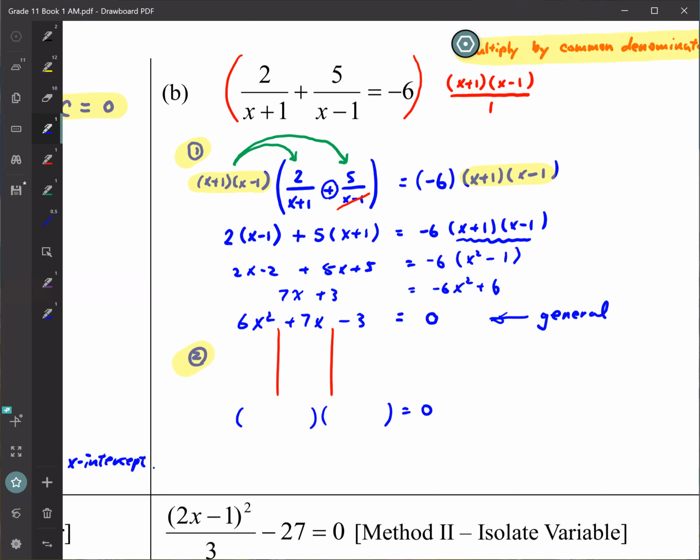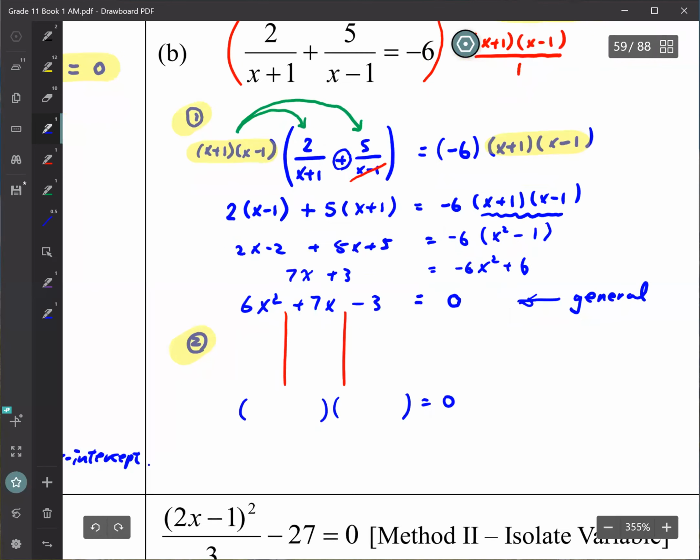Please raise your hand if you found the two brackets, the two pairs. All right, so Aaron, can you tell us your first pair?